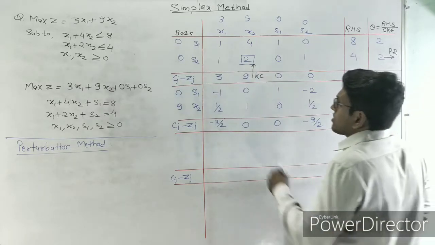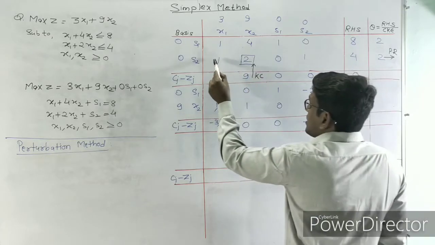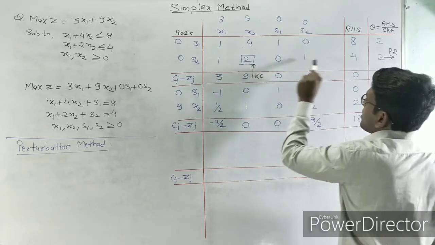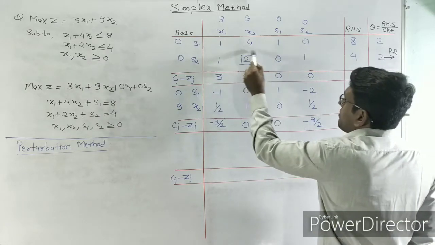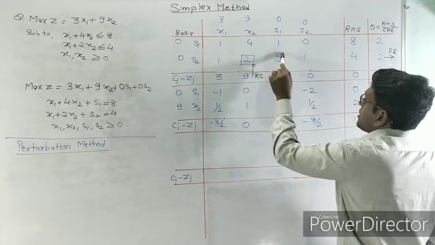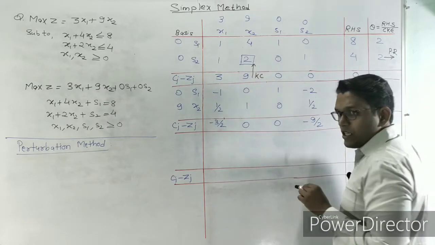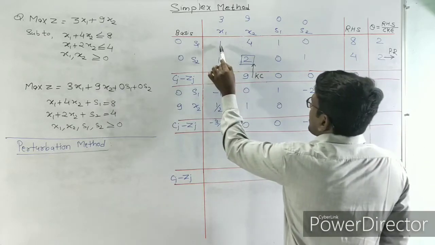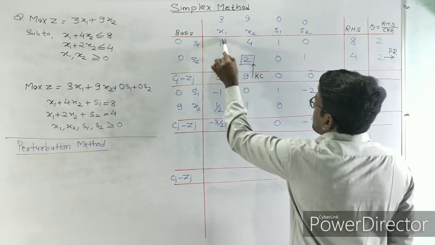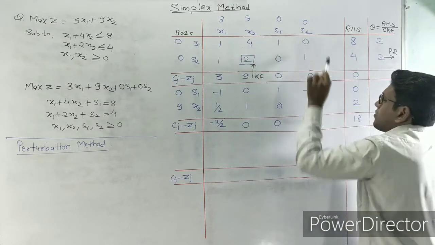Let us suppose this is the key column. This will be 1 by 2, 0 by 2, 1 by 2, because the corresponding key column element is 2. Similarly here the key column element is 4, so this will be 1 by 4, 1 by 4, 0.